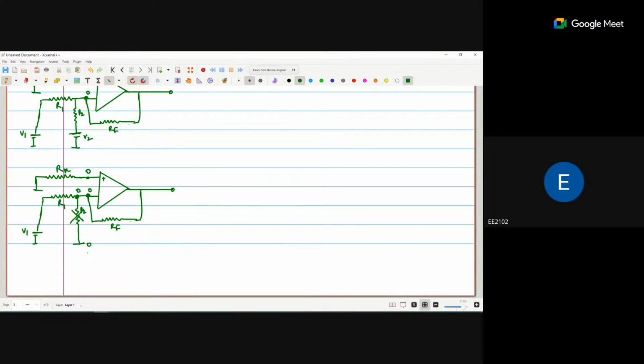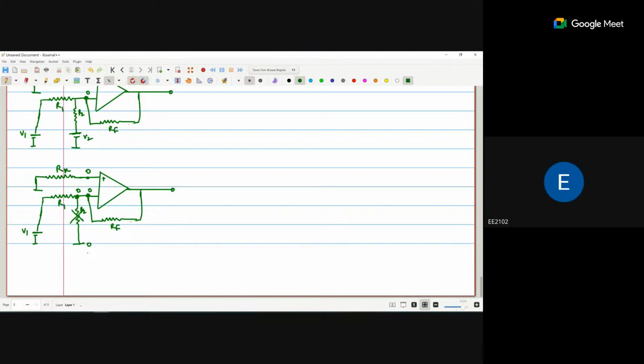There is no current flow and no voltage drop across this resistance, because both terminals of the resistance have the same potential. So either we consider that resistance or not, there is no effect.